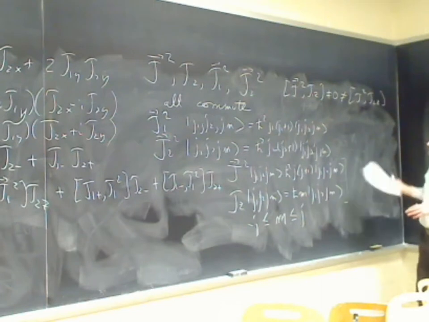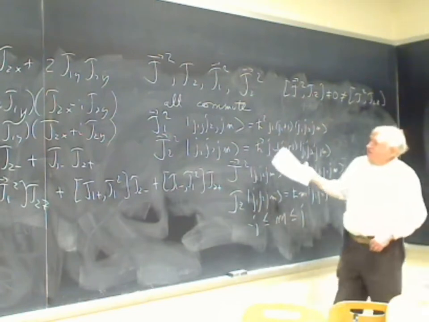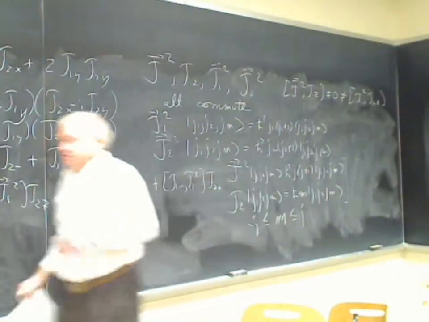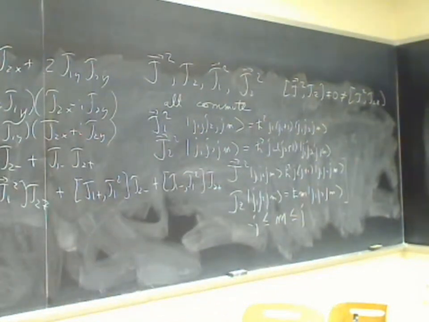So you can't increase this set of 4 commuting observables. Notice in both cases we have 4 commuting observables. Over here they are J1 squared, J2 squared, J1z, and J2z. Over there, J squared, Jz, J1 squared, and J2 squared.